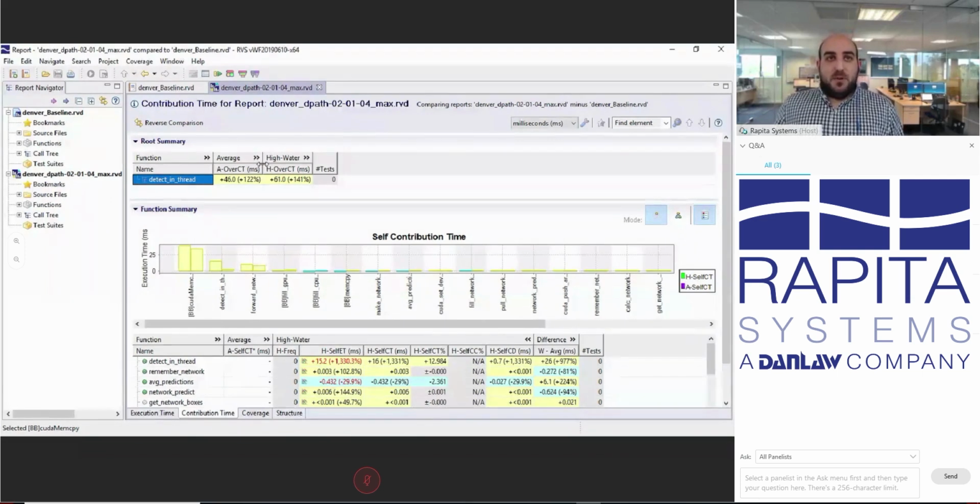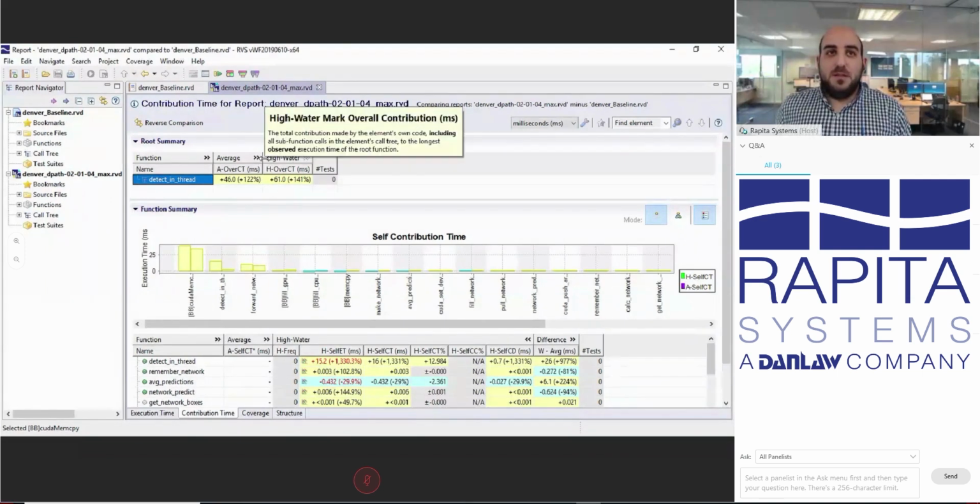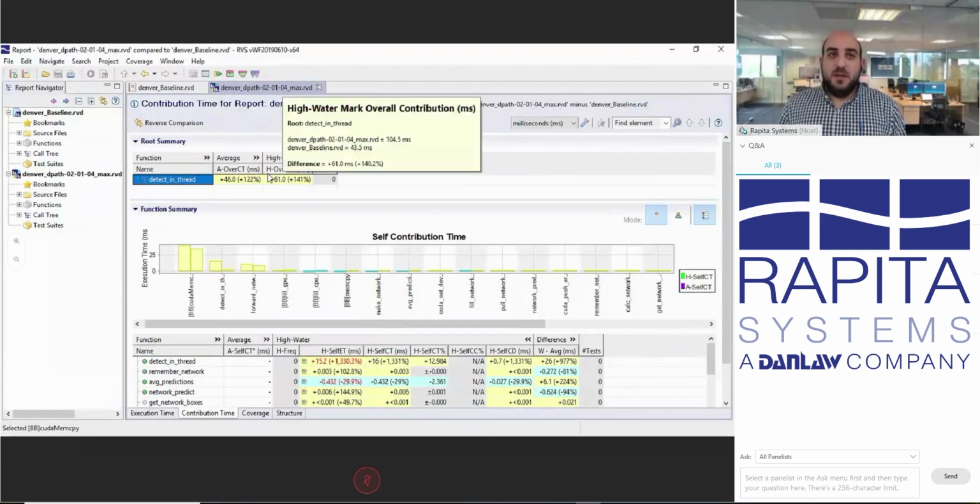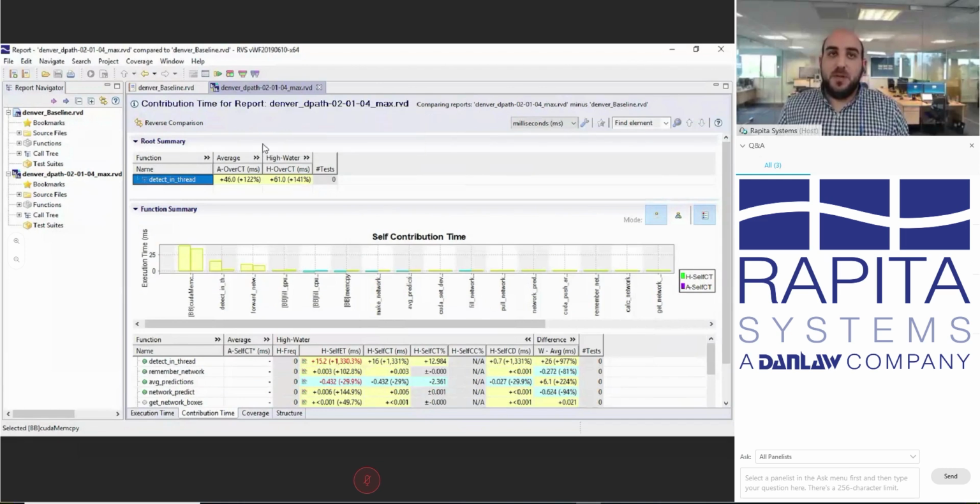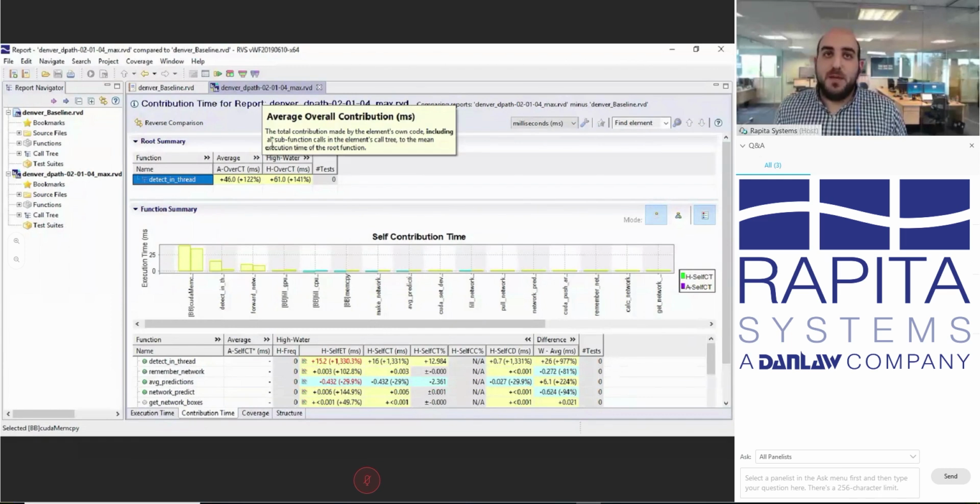This is a comparison of executing the system with 0% interference on the main memory, and with the maximum interference we can generate on the main memory.